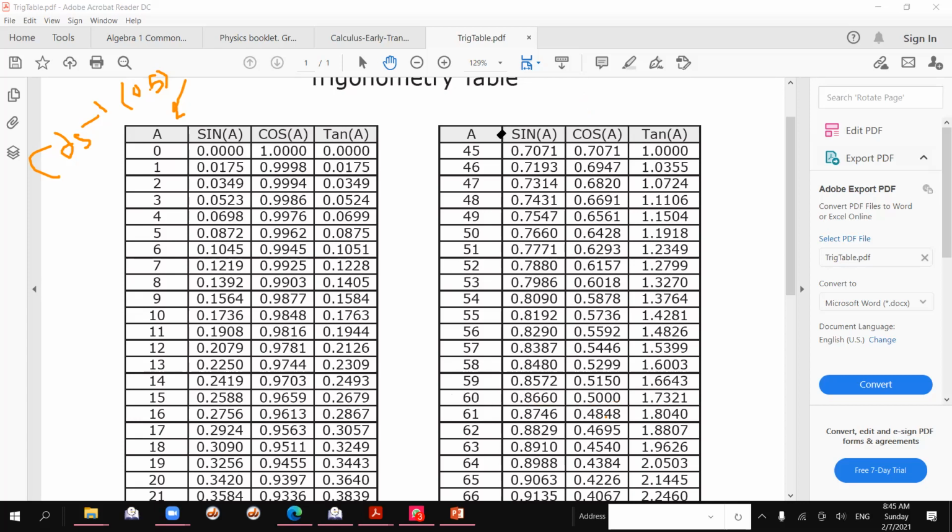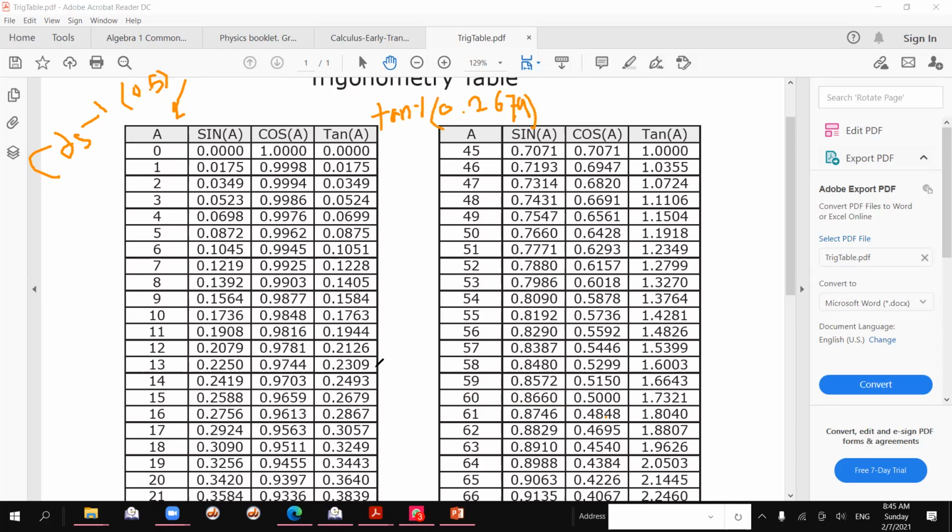Another example now. If I tell you the tan inverse of 0.2679, how do you find it?